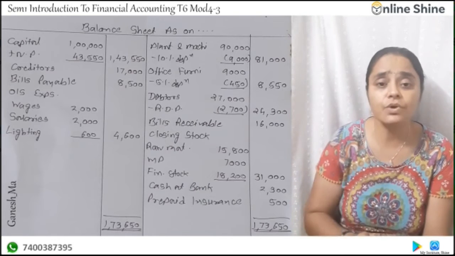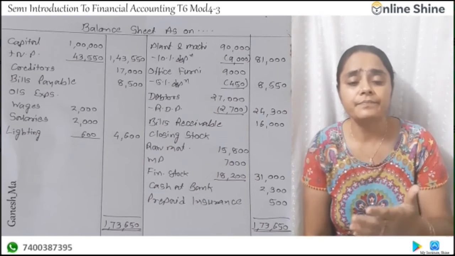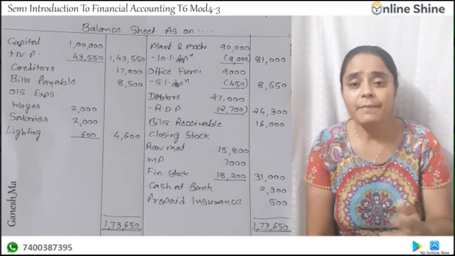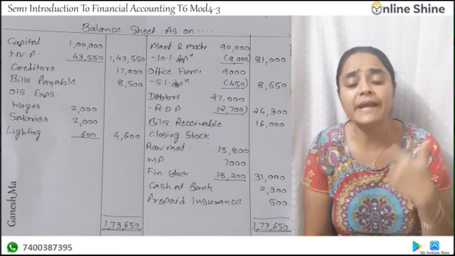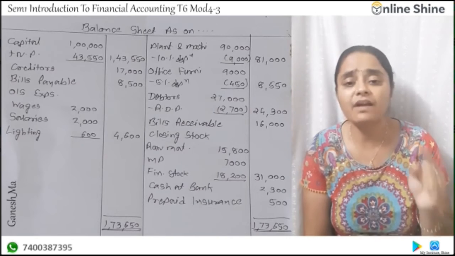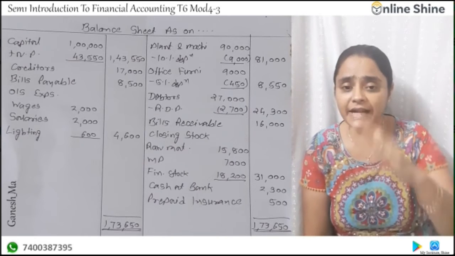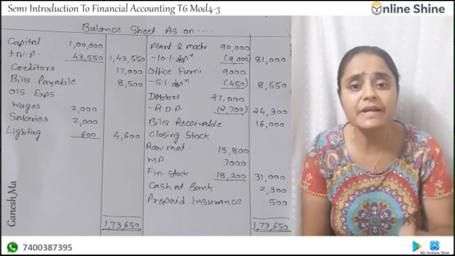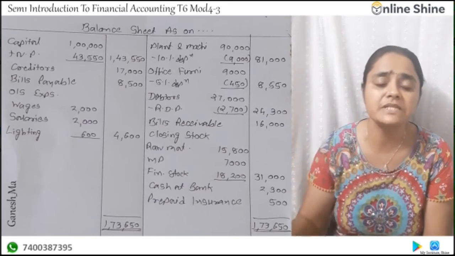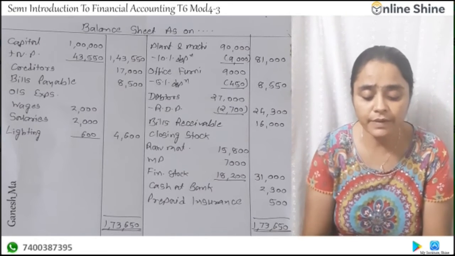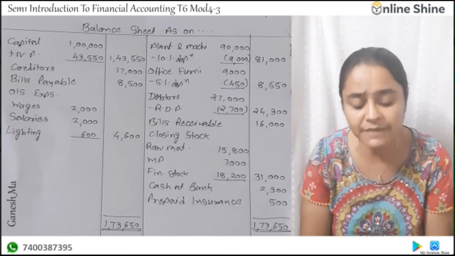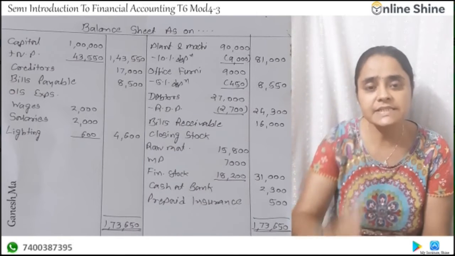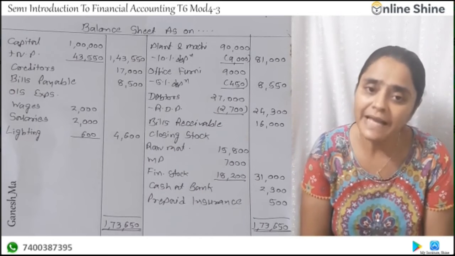Once I add my net profit to my capital account, which comes to 1,43,550, along with that I add all the credit liability side items, that is my creditors, bills payable or outstanding, the total comes to 1,73,650. The same total should come on your asset side also.